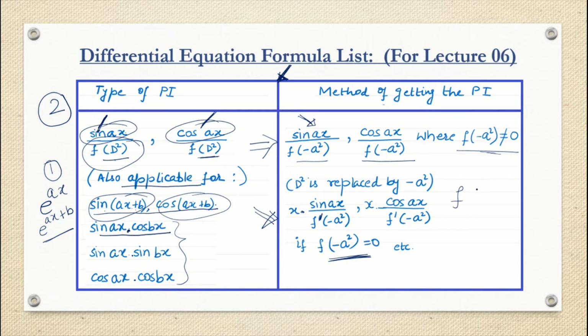So you are going to do f dash of d square, and then whatever you get will be your denominator. That means you are going to replace d square again with minus of a square. Suppose in this step also the denominator comes as 0, then you keep on doing it. That means again you find the differentiation in the denominator, and multiply one more x in the numerator, just like type 1 only. Okay, so we will solve some questions and it will be easier.